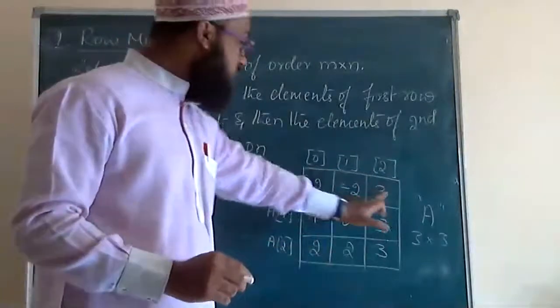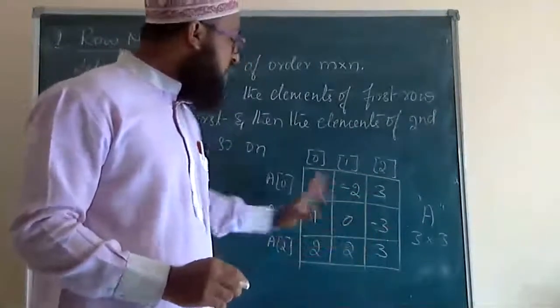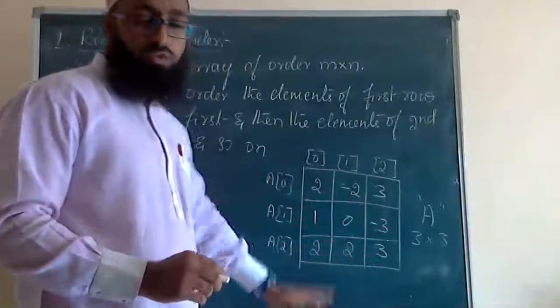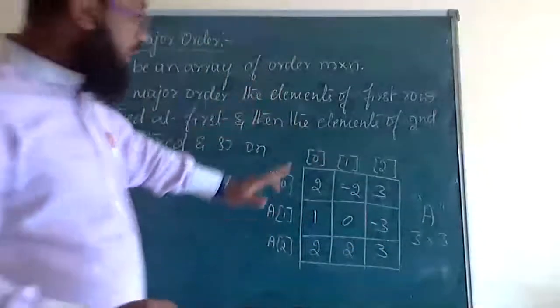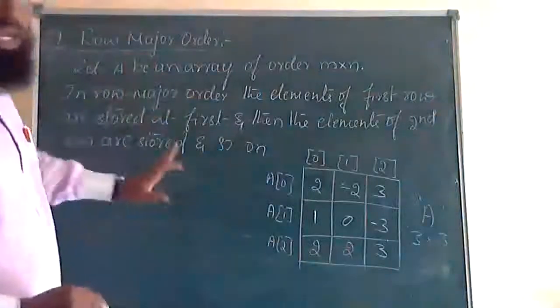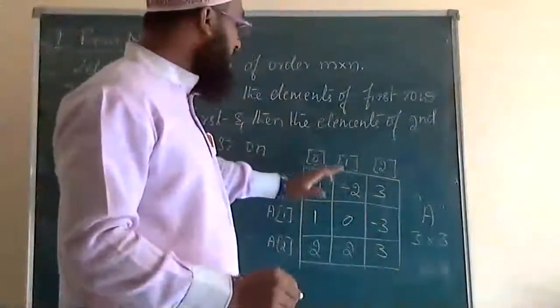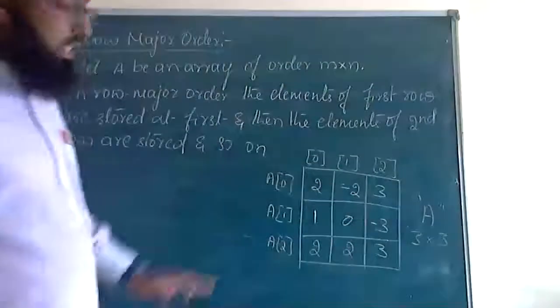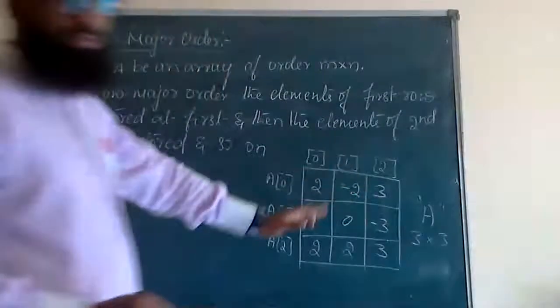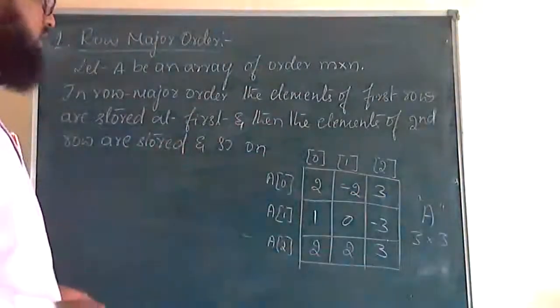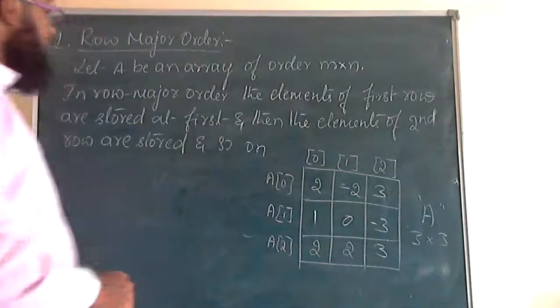First in the first row, then in the second row, after that third, fourth, or fifth, any number of rows it may be. But in row major order, elements are going to be stored in row order. That means first row, second row, third row, like that continuously.